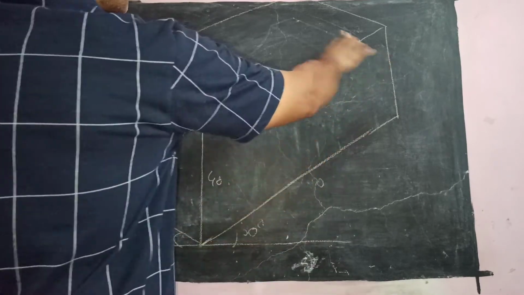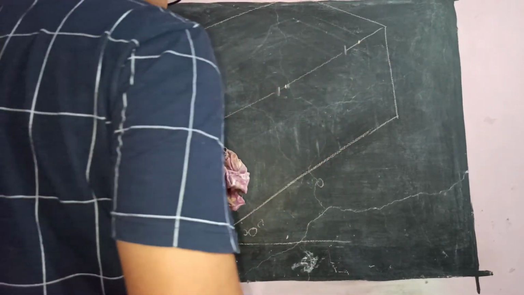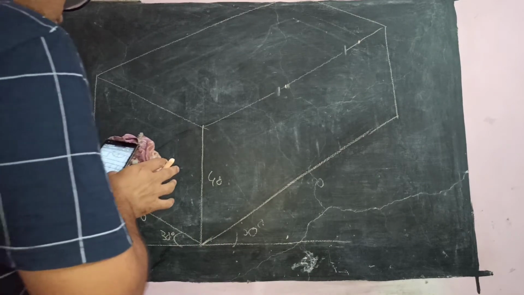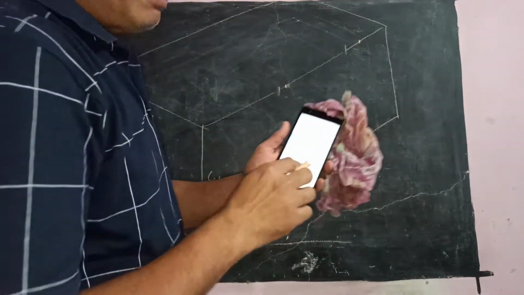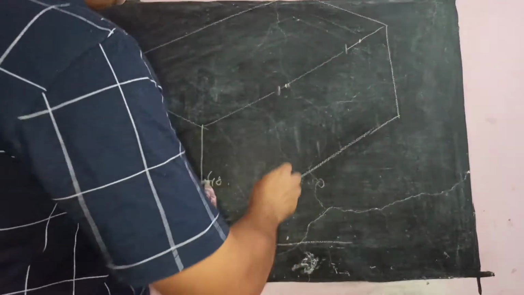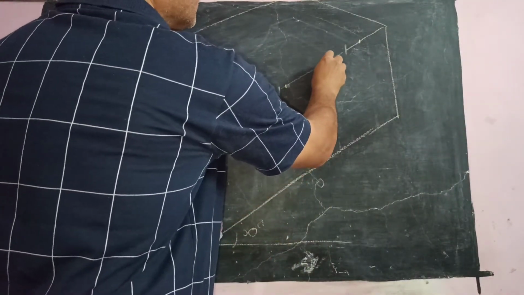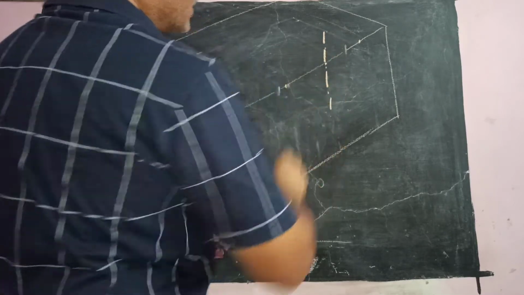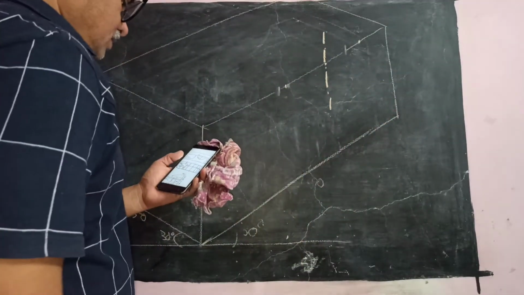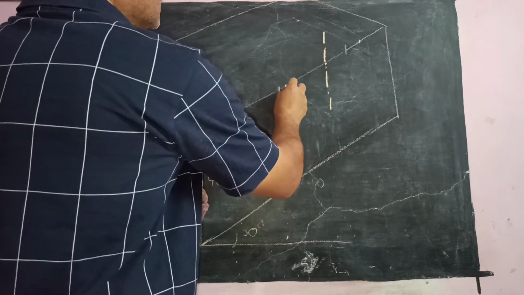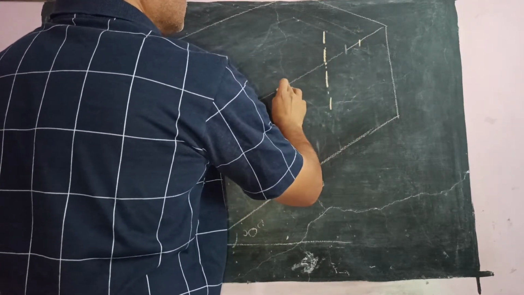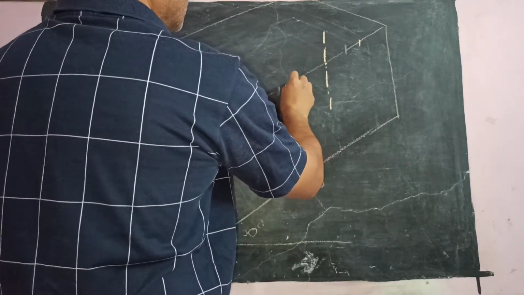So there is a semicircular slot. This semicircle is having diameter as 40. So find out the midpoint of this and draw a center line parallel to this. Then this is 20 and this is also 20.